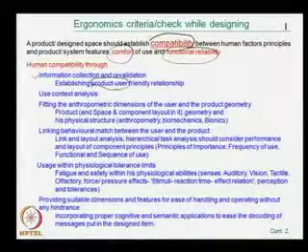So, these issues are about establishing the product user friendly relationship.